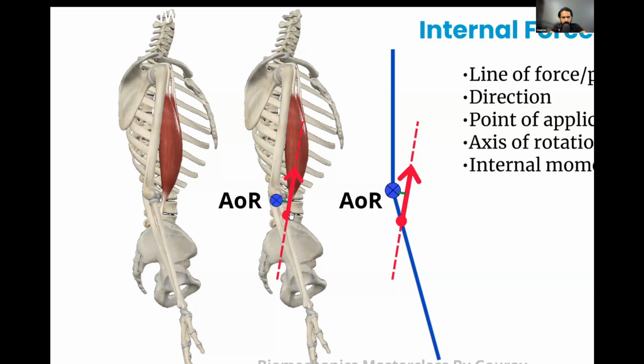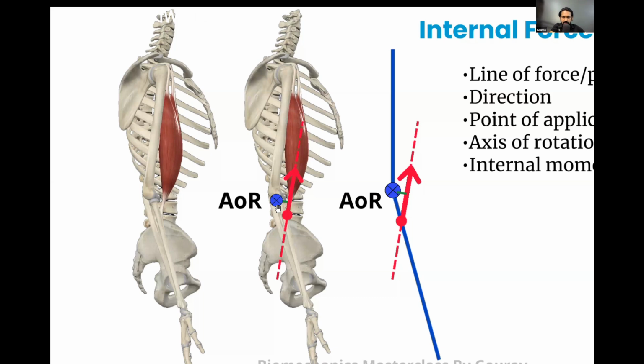Now, let's use the definition that we used previously. Does the bicep muscle have the ability to rotate my forearm hand segment about this elbow joint axis? Did you understand the question? Type one in the chat.